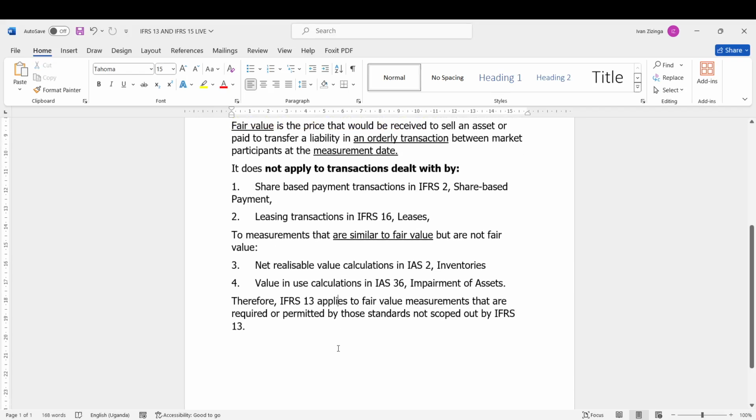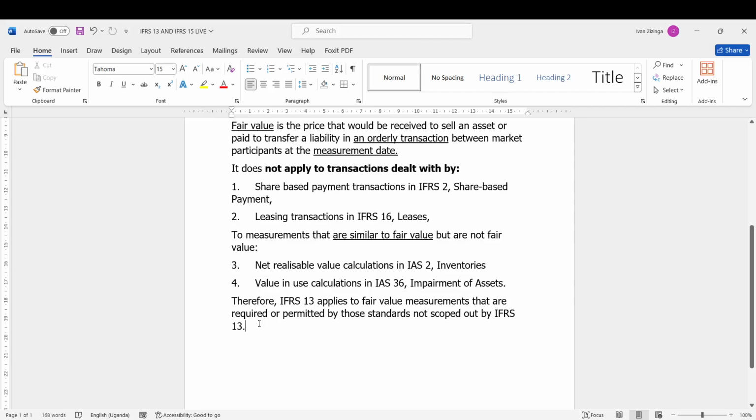Yeah, that's true. So in a nutshell, we only apply IFRS 13 for those standards where we need fair value and IFRS 13 does not prohibit us. We shall look at all other standards where we need to get the fair value of assets, like the revaluation model of IAS 16, where you need to know the fair value of, let me say, land.